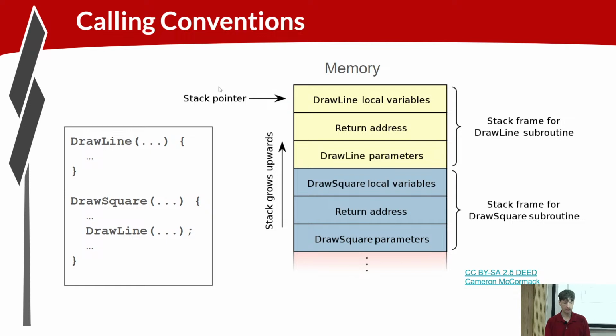So those calling conventions are illustrated here. This is generic, not specific to RISC-V, but it's the same in most instruction set architectures. So a program is going to, one function is going to call another function, which is going to call another function, which is going to call another function. Those functions will return, and when they return, they need to return to the context that they called from, right?